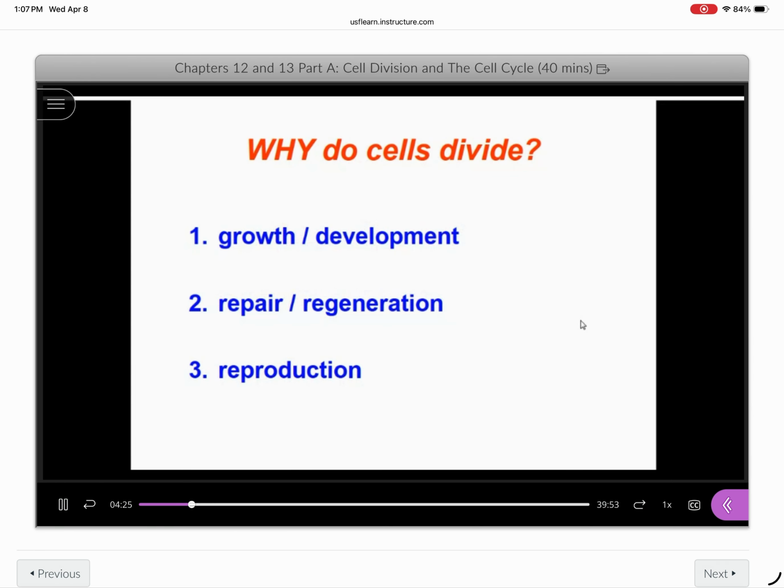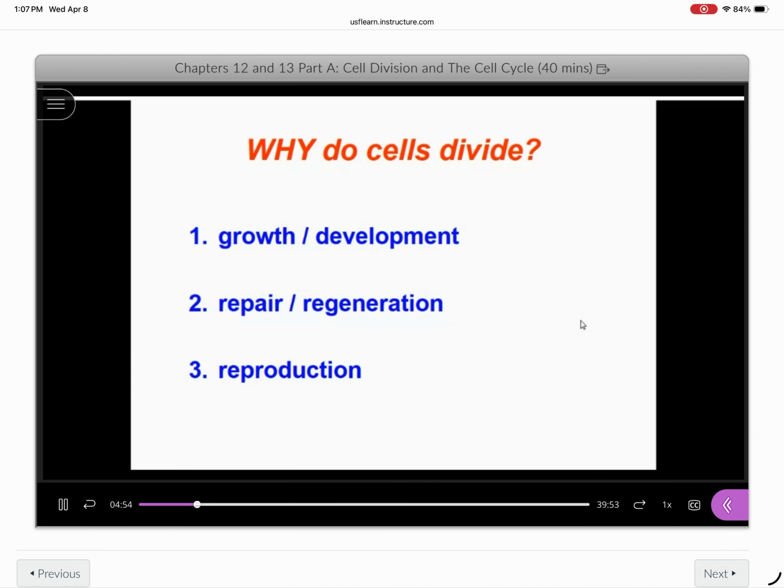At least that's a big part of the growth of the organism. Most multicellular organisms also develop. They're not simply a mass of cells. They have different cell types, different tissues, different organs, and so growth and development both involve cell division.